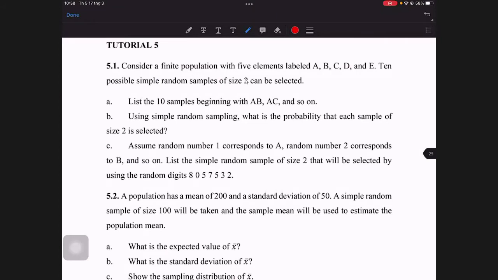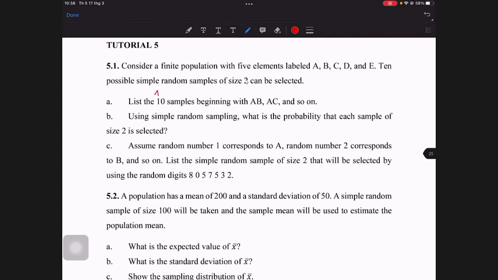For tutorial number 5 here, you will see that we have a finite population, and we have 5 elements labeled A, B, C, D, and E. We have 10 possible simple random samples of size 2 that can be selected. Now you have to first select 2 elements out of 5 as our random sample. So for question A, we have to list the 10 samples. That should be easy, right?